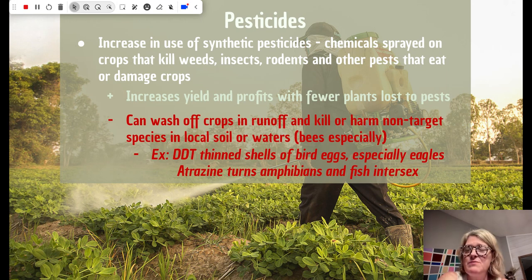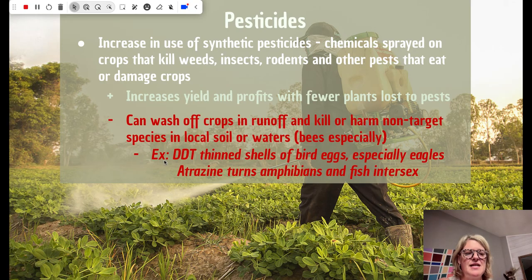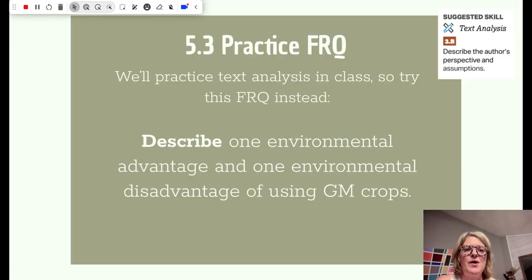After the release of this book, lawmakers became aware of the issue. DDT was banned, and now we're seeing a resurgence of our bald eagle populations. Atrazine is another chemical that impacted both amphibian and fish populations. That's now been banned, and we're starting to see a rebound with some of those populations as well.